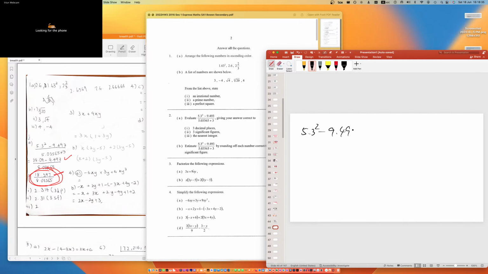Hold on, let me tell you. In order to get full marks, because some examiners are very strict, you better write this way. So you continue to write like this.